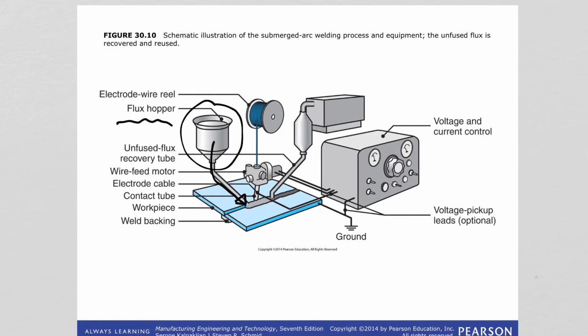The arc is maintained beneath the blanket of this flux layer, with only a small amount of smoke or flames being visible. If you watch the video, you're gonna see.